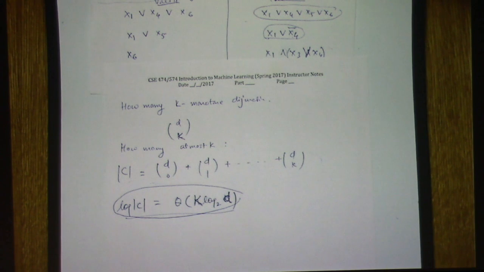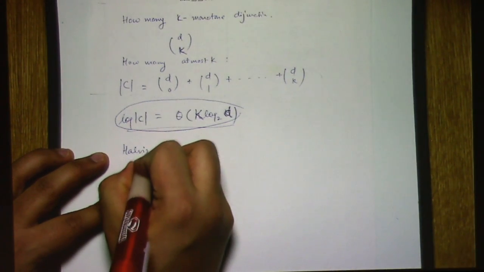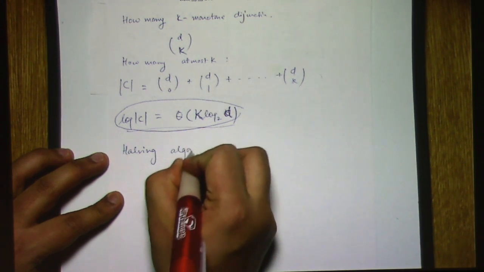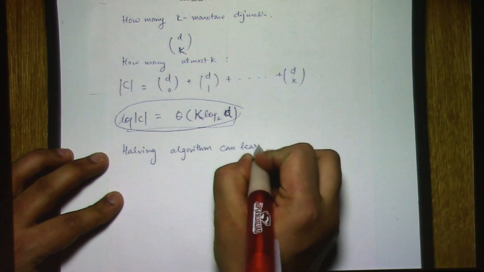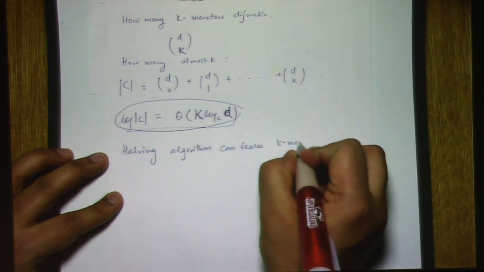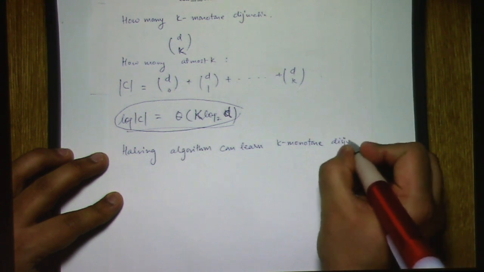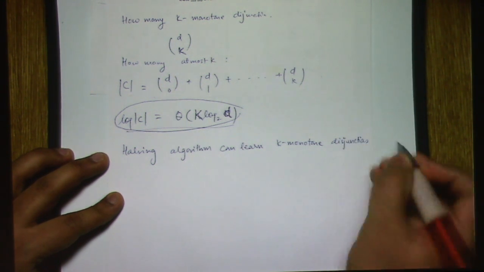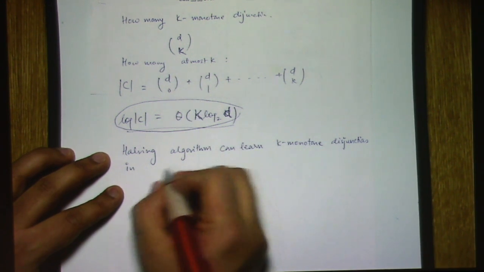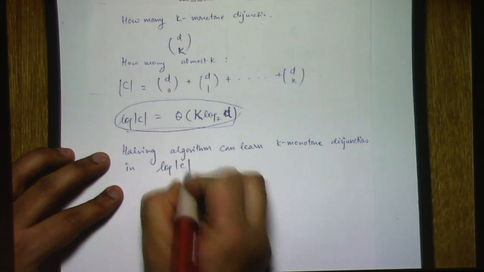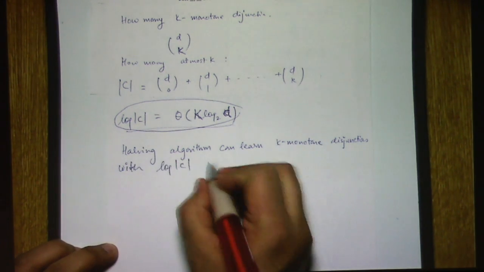The reason I'm expressing it in this way is because we know that the halving algorithm can learn a monotone disjunction in log of c, with log c mistakes, right?